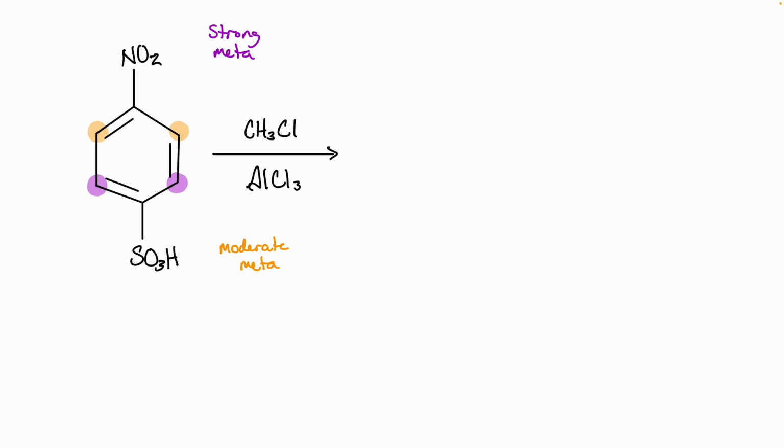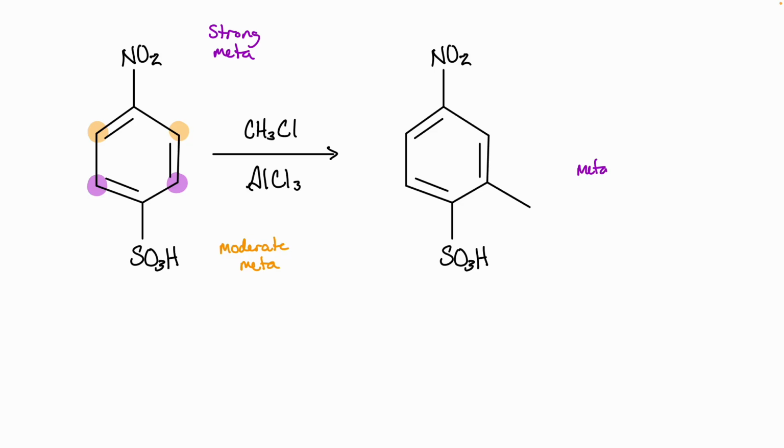So when we draw our product here, we're going to draw our methyl group in that meta position. All right, this is meta to the nitro because the strong wins.